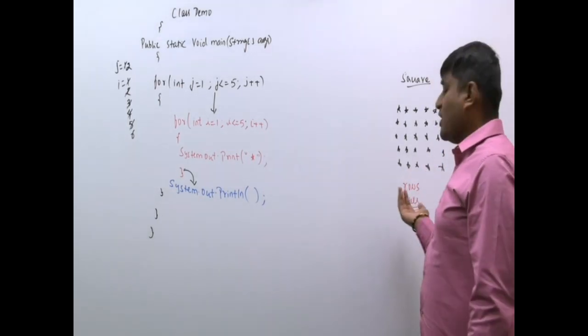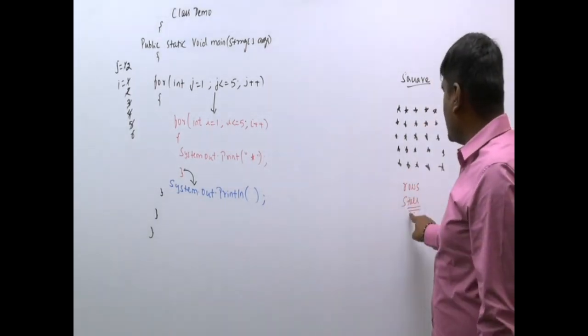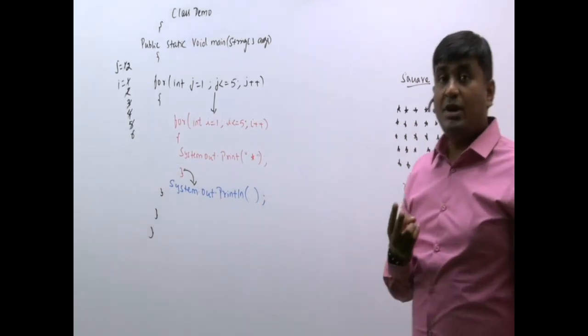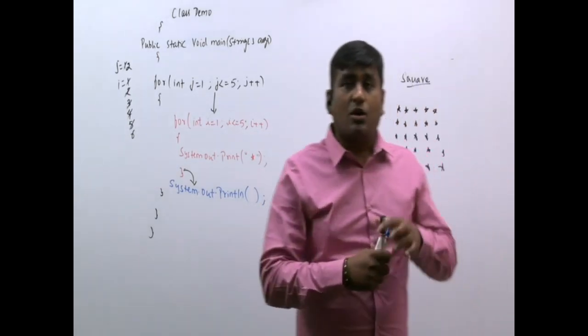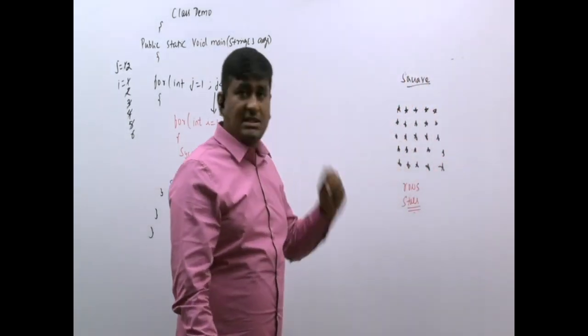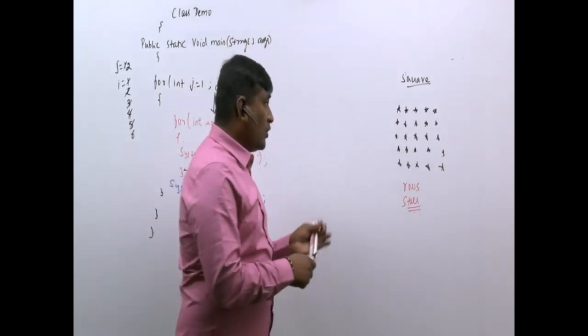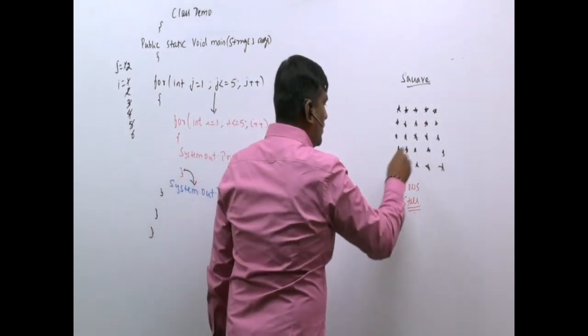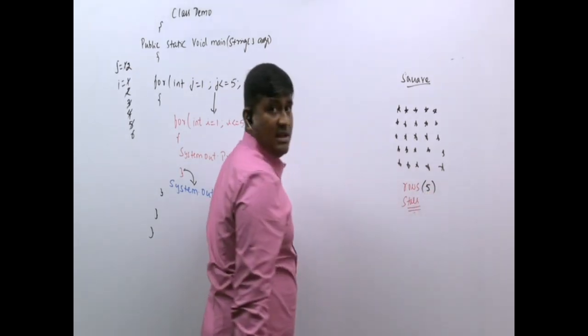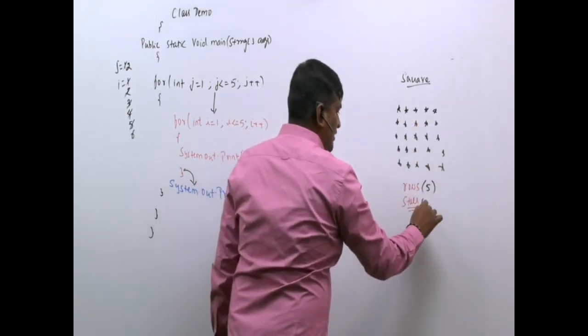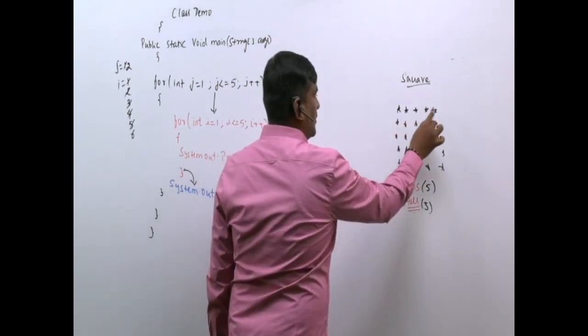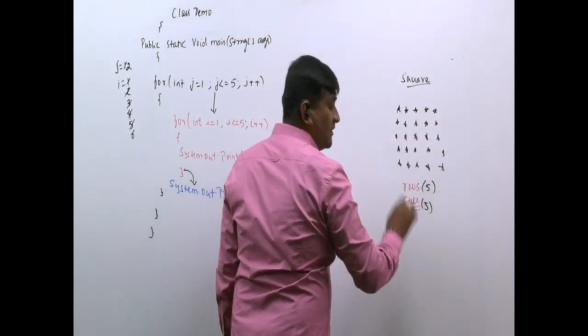I also got to know that in all the rows, stars are there. So basically 2 pieces of information. Tell me how many rows are there? 1, 2, 3, 4, 5. 5 rows are there. And in each row how many stars are there? 5 stars. See here, 1, 2, 3, 4, 5. In each row, 5 stars are there.